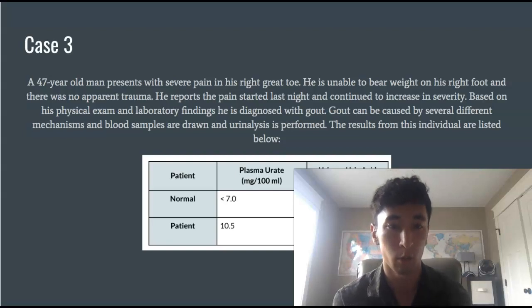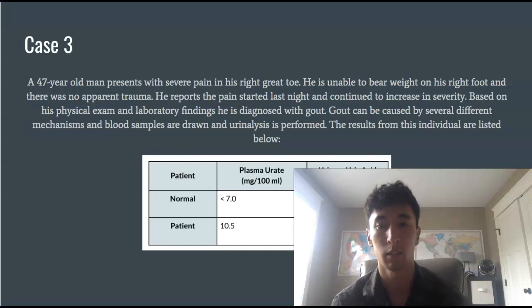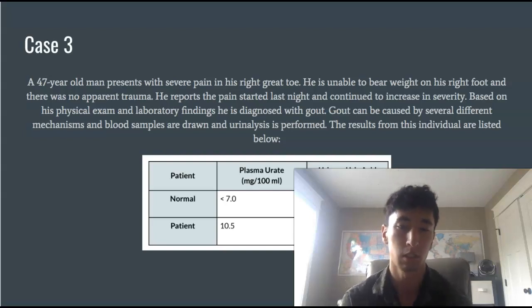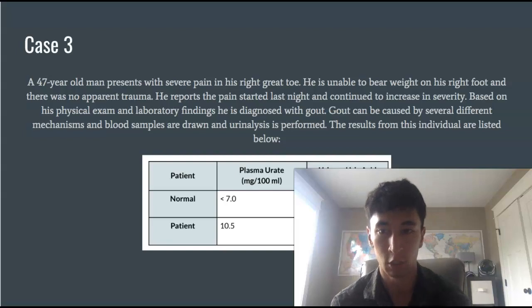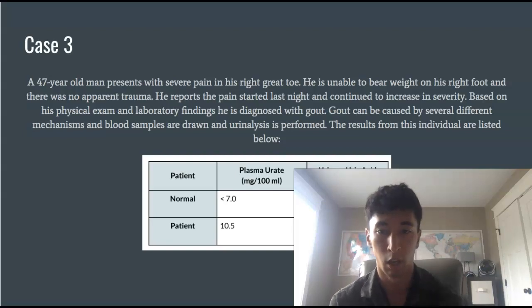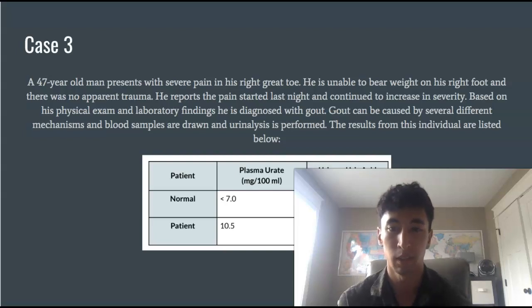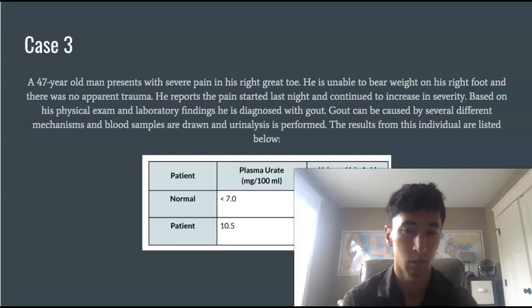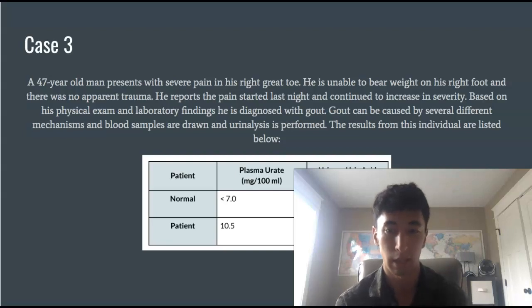There's a chart right below. The question there is the comparison between normal lab values and those collected from the patient. The patient has a high value of plasma urate at 10.5. Uric acid within the body is produced in the liver and is involved in purine metabolism as an end product.